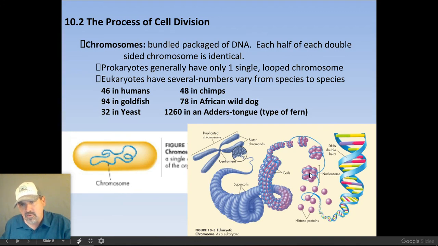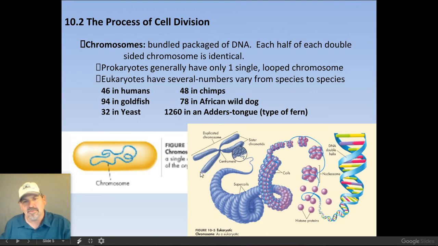We then take those and we coil them on each other. So here's the double helix coiled and then coiled again. And then we take these coiled coils and we coil those. So then we take that coiled helix and then we loop it back on itself.